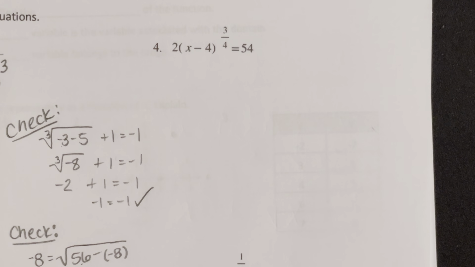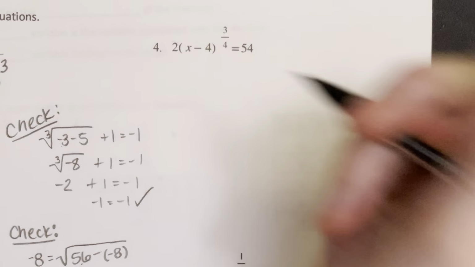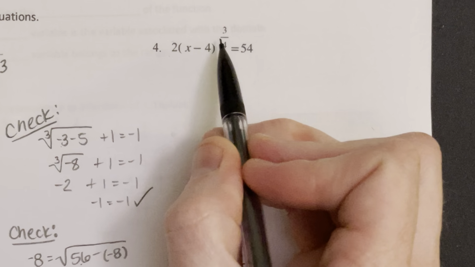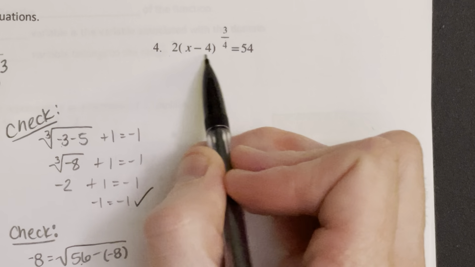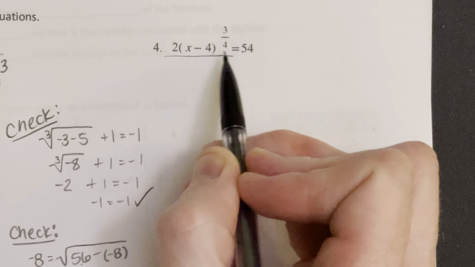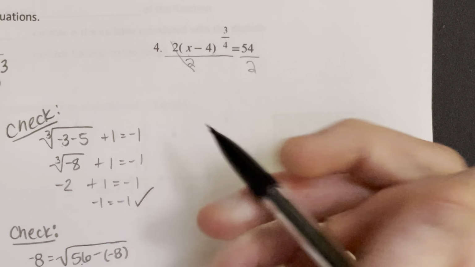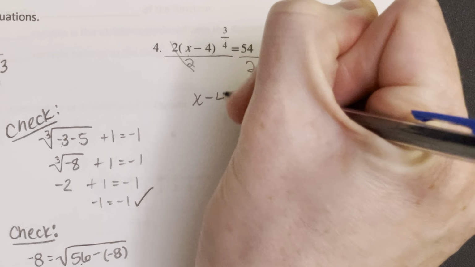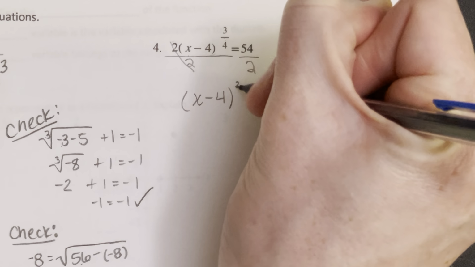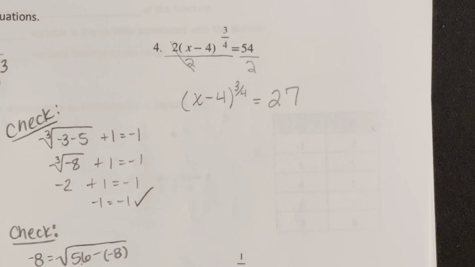So I want to isolate this radical by getting rid of the 2, because the 2 is not attached to that exponent. The exponent's only going to those parentheses. So let's undo that 2 by dividing by 2, which would say x minus 4 to the 3/4 power equals 27.